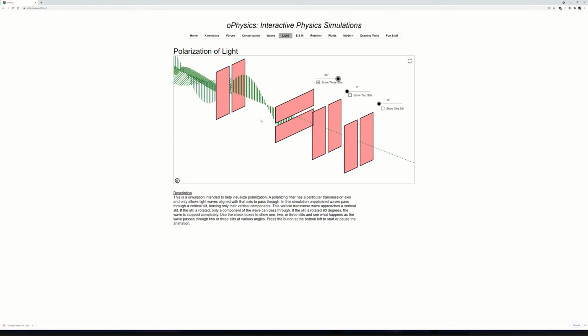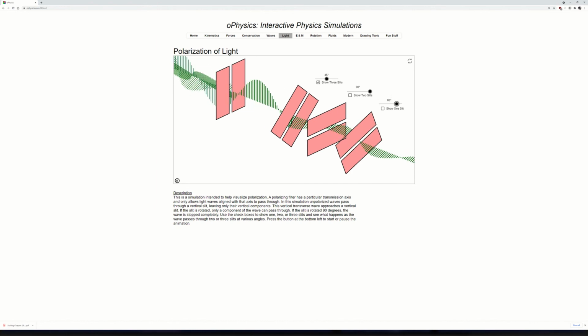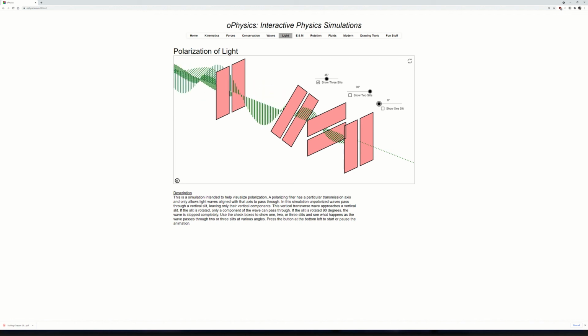Let's say if we do it at an angle, let's say 45 degrees here. So 45 degrees between the first and second. Let's make the third one 90 degrees. So the third and the first one, sorry, they are perpendicular to each other. But as you can see, between the first one and the third one, there's still light going through the third one here.